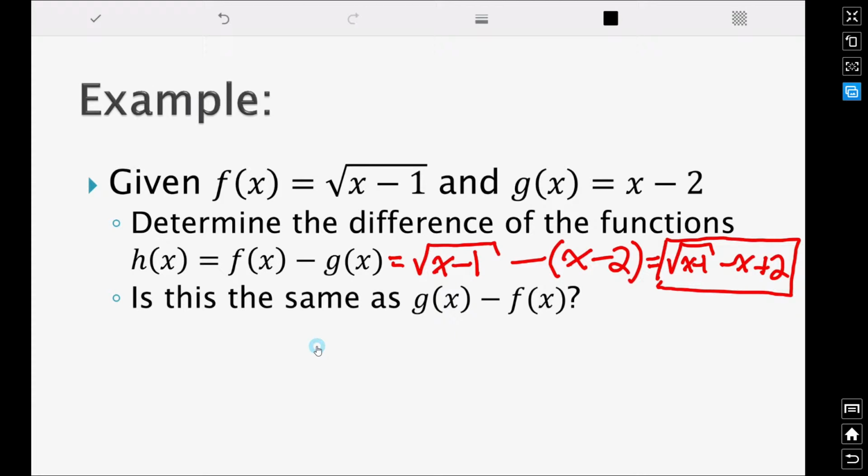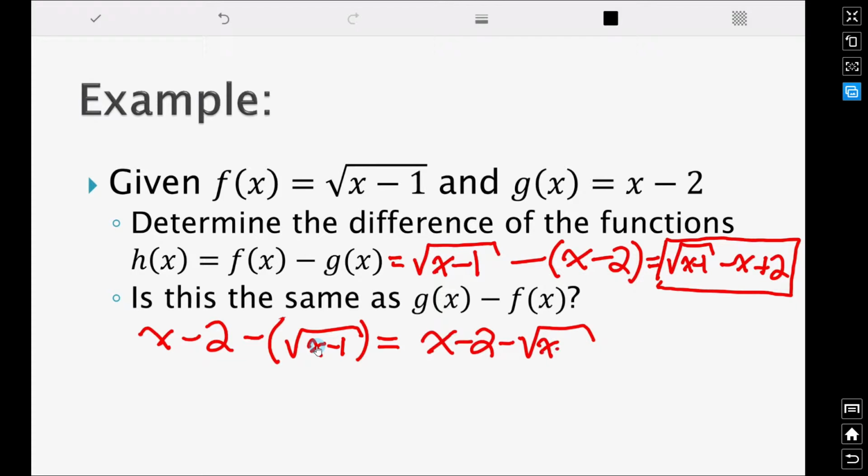Now, is this the same as g of x minus f of x? Well, let's take a look. g of x is x minus 2. And then we're going to subtract from it, and again, use brackets, square root of x minus 1. So when we finish simplifying it, get rid of the brackets, we get the following, x minus 1.